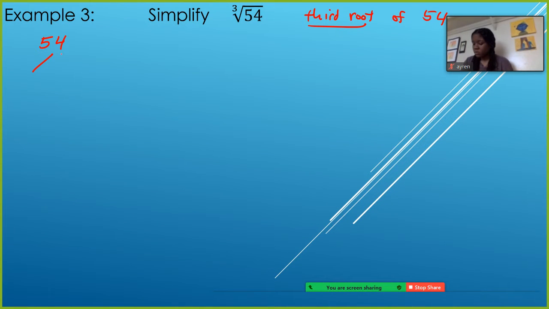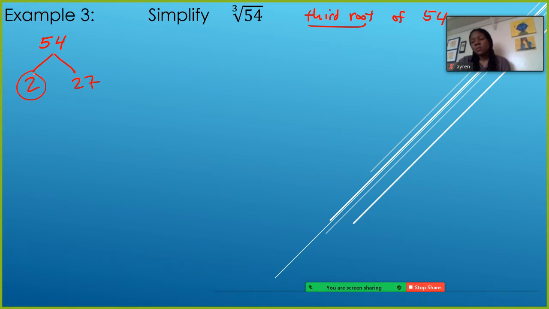So I'm going to take my 54 and start breaking that down. If you don't recognize a bigger number to divide it by, just divide by 2 or 3 or 5 until you get something useful. So let's start with 2 here. I divide 54 by 2 and I get 27. So that means 2 times 27 is 54.